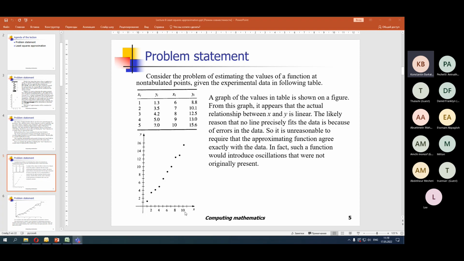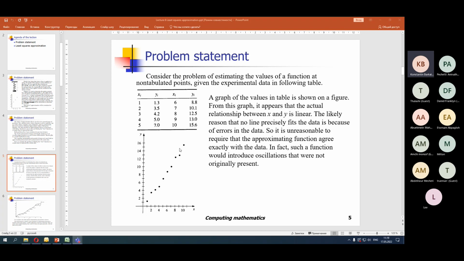So this picture illustrates these points. And you can see that these points lie somewhere near some line.